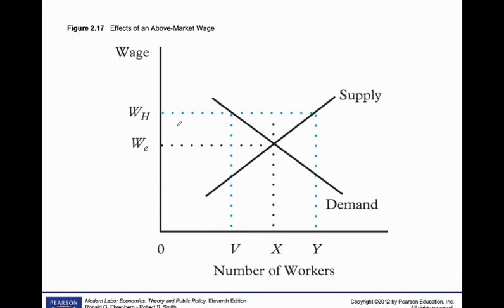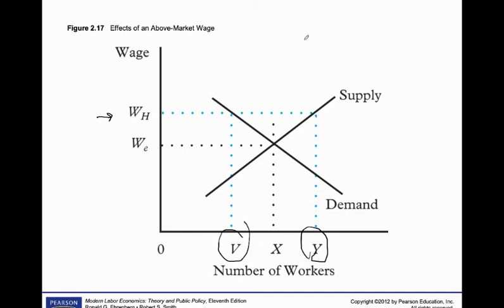Let's say there is an adjustment in the economy causing the wage rate to be much higher, as shown by WH. As a consequence of this, we find that the supply of labor now is much higher, given by this point. However, firms are not happy with this higher wage rate, therefore firms would only demand V level of employment.